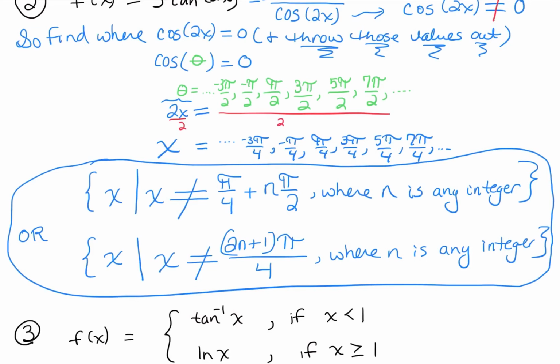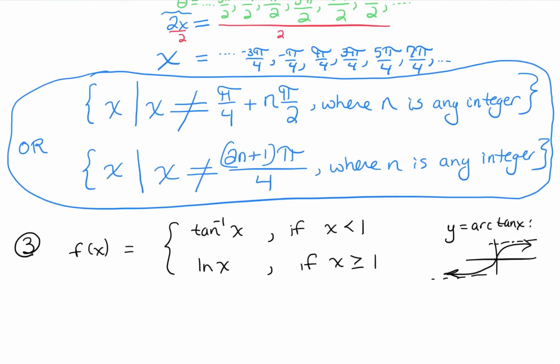Arctan, if you remember, just as a little recall off to the side here, your arctan of x looks something like this. It has horizontal asymptotes at pi over 2 and negative pi over 2. So its domain is all real numbers. There are no restricted domains on arctan. So neither of these right now is causing me to think I'm going to have any restrictions.